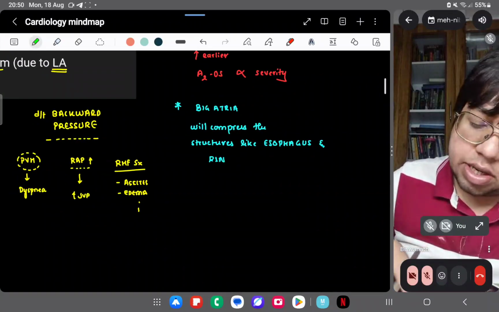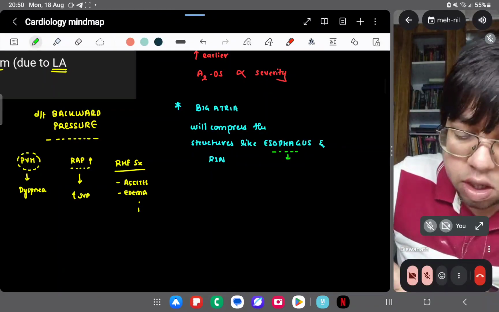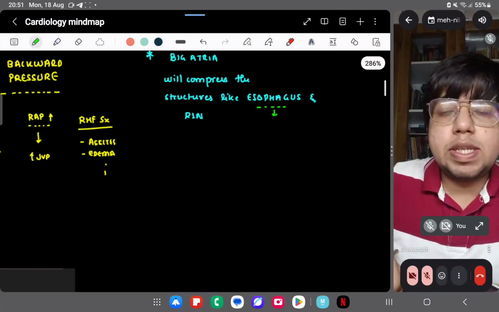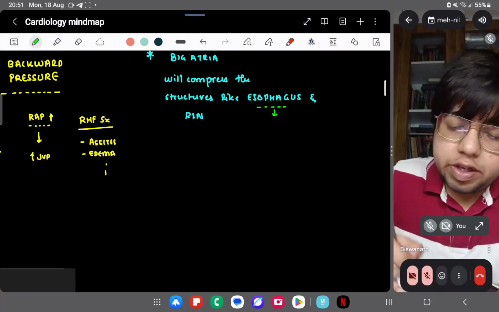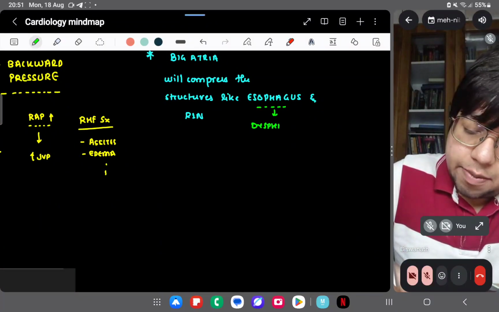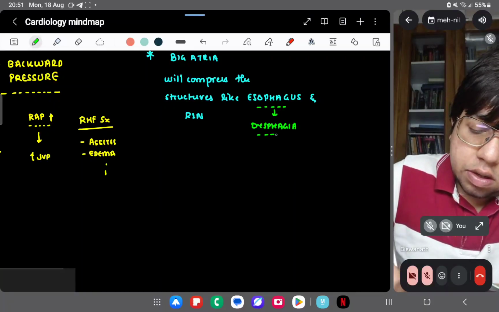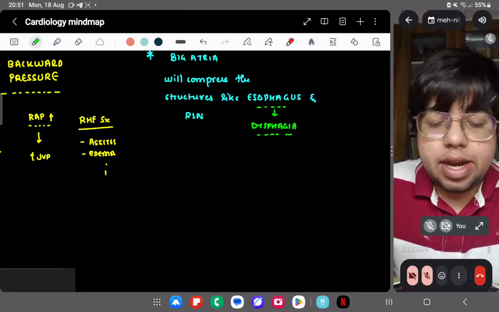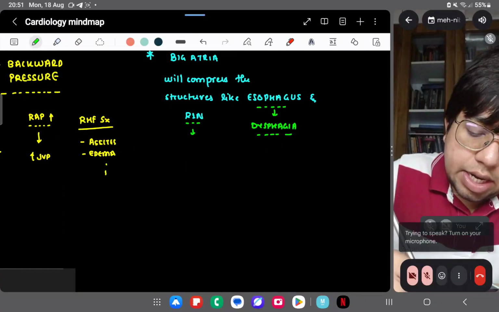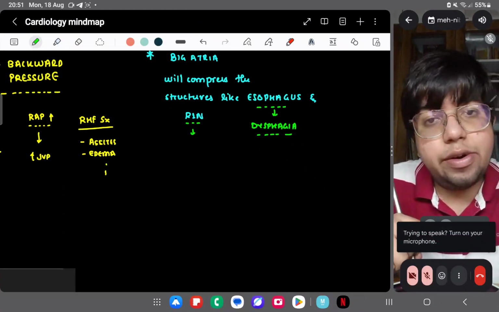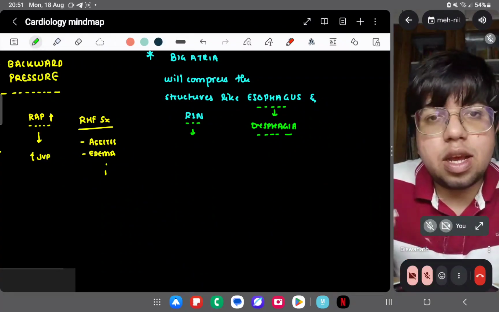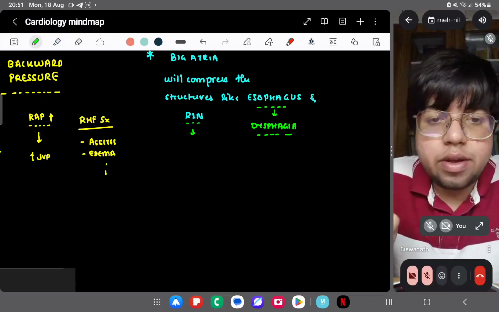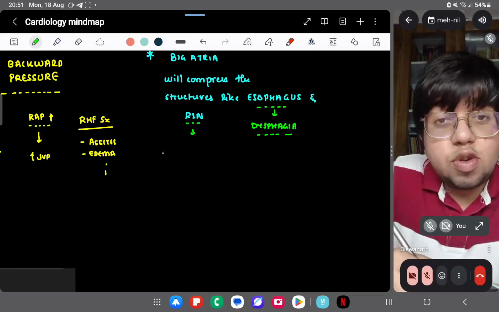Compression of structures like the esophagus, what will be the manifestation? Dysphagia, obviously. And if it is compressing the recurrent laryngeal nerve, which is responsible for voice, it is supplying which muscle? Cricothyroid. What is its function? Tensor of the vocal cord. So the voice will be affected.